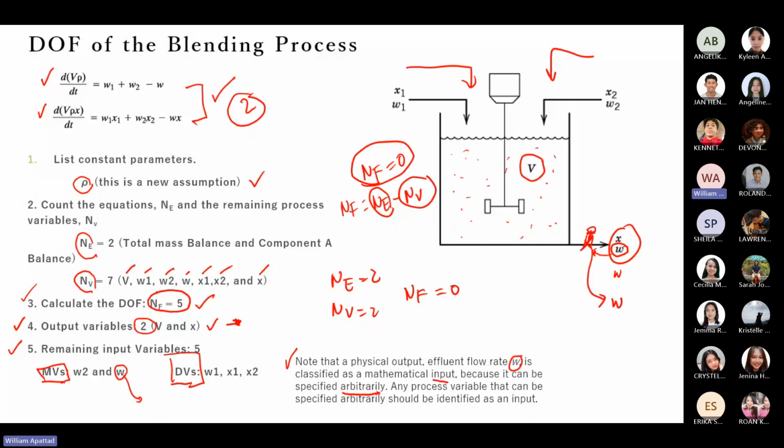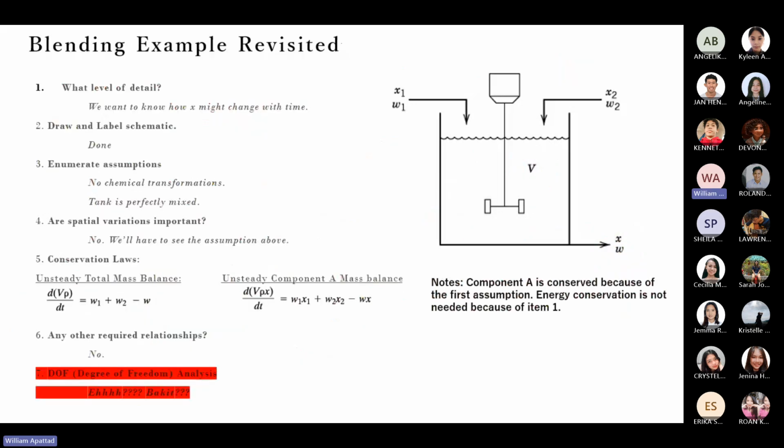Okay, so let's proceed since nalaman na natin na solvable ang ating blending process. Yun lang ang dahilan na mag-degree of freedom tayo, para malaman kung solvable. Alright. So that is step 7, yung degree of freedom analysis. Step 8 naman tayo.